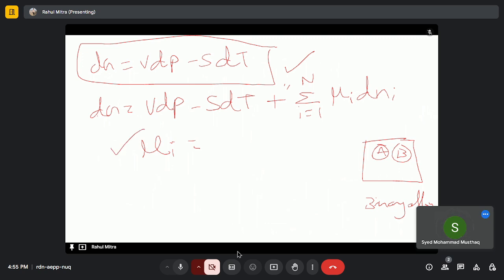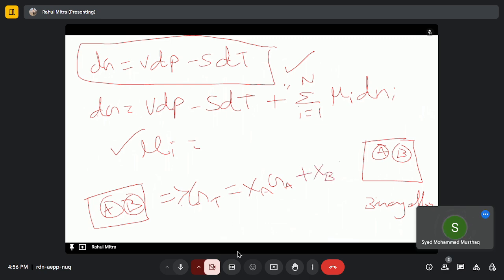We can write it just like in the free energy term, but the thing is, let's say I have an A and B mixture, and it's just a mechanical mixture. Then the total free energy per mole, GT by number of moles, will equal the mole fraction of A times GA plus the mole fraction of B times GB.